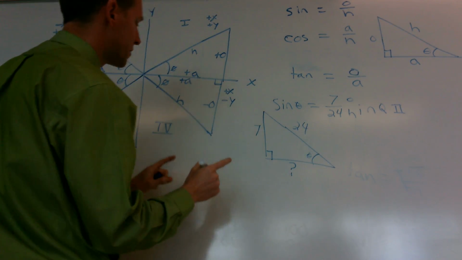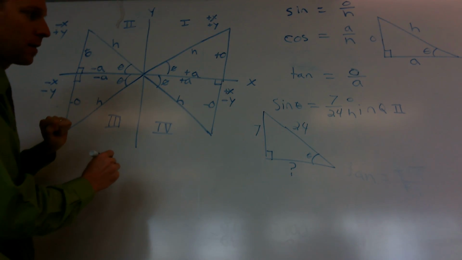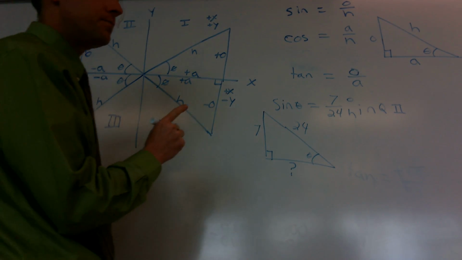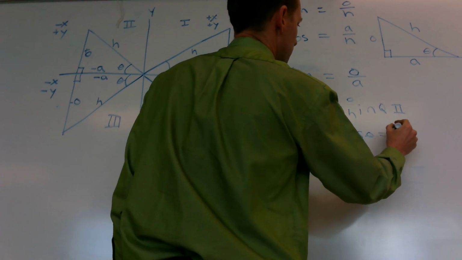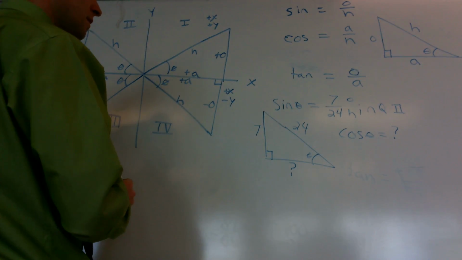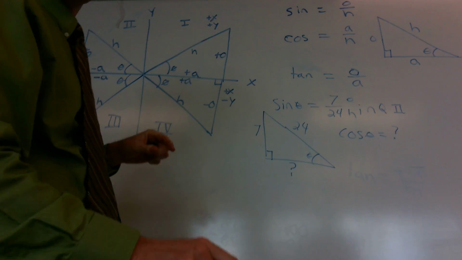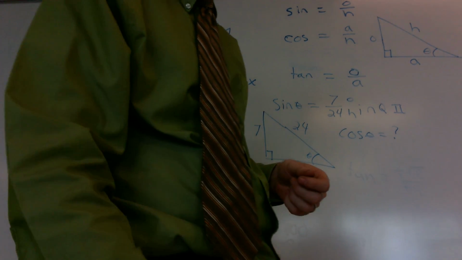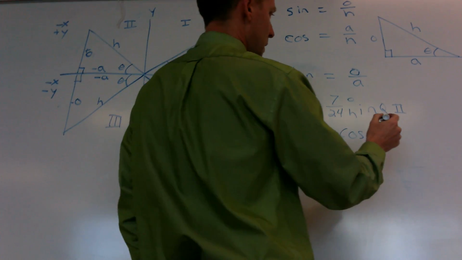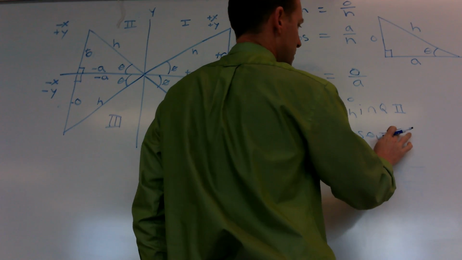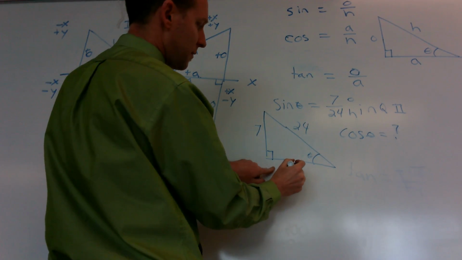What we want to find is adjacent. And remember, it's going to give us a negative value for adjacent. Then they want to know, what is cosine theta? Cosine is adjacent over hypotenuse. So what we need to do is find adjacent.